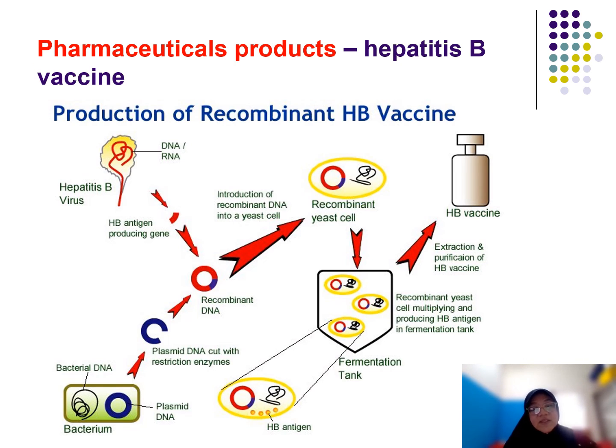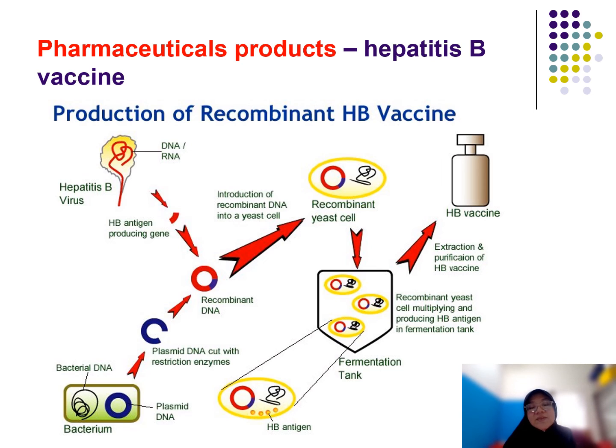So kita ambil that gene of interest, kita bind with the plasmid, okay, of the bacteria. The recombinant DNA will be inserted inside a new host called as yeast cell. The yeast cell akan multiply, clone, dia akan clone banyak. So dia akan undergo process of expression producing hepatitis B antigen.